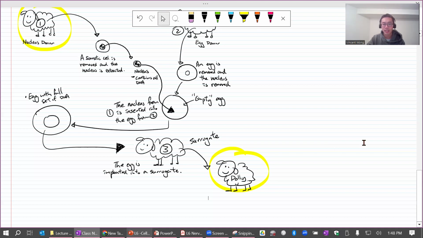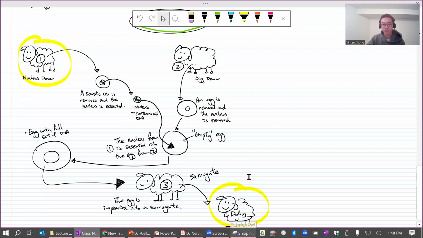So that's how they created the clone. It's genetically identical to the nucleus donor. The egg was merely there to provide a place to put the nucleus in, and the surrogate provides the womb to grow the sheep, right? So that's how they cloned Dolly.